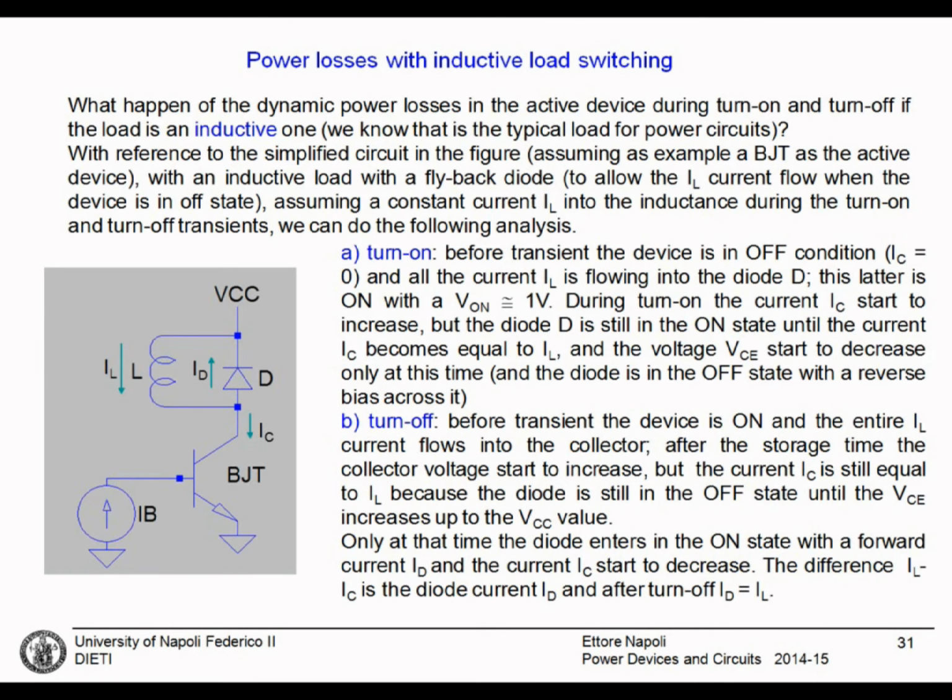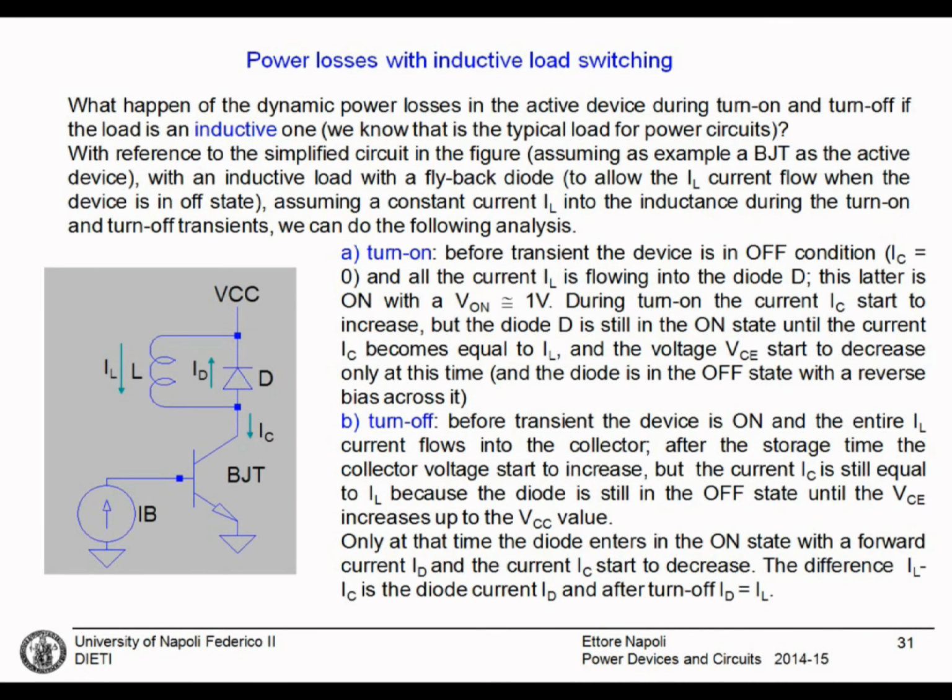But if VD, the voltage drop on the diode, is small, and this inductor is quite big, it contains a lot of energy, so the current decrease will be very, very small. During the transient, you can assume that this current IL is constant.